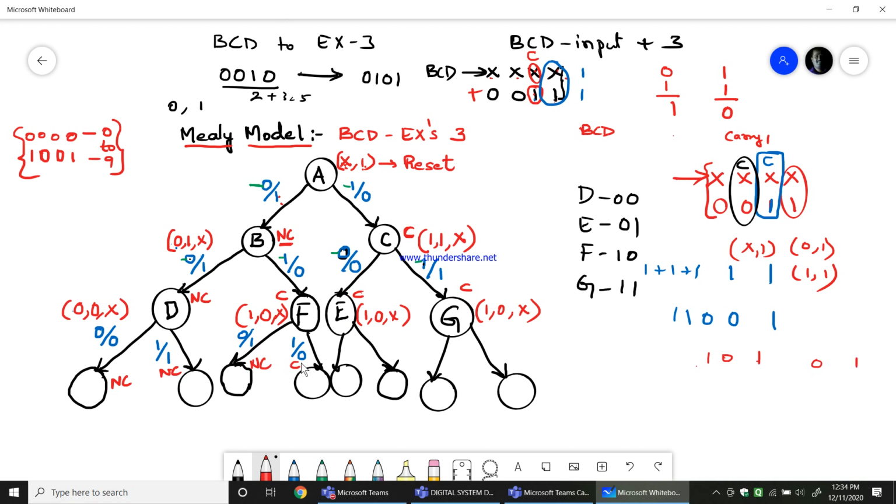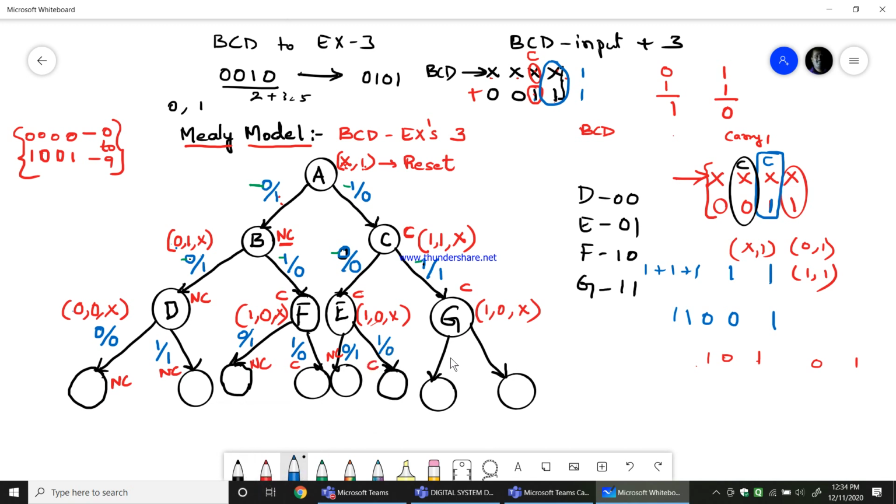Therefore carry comes here. Coming to this 1, if the input is 0, the output would be 1 plus 0 plus 0 is 1, so therefore this is no carry. Similarly, if the input is 1, 1 plus 0 plus 1, 1 plus 1 is 0, so the output is 0 and you get carry here.